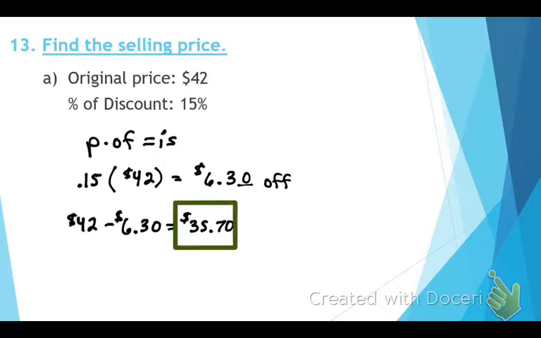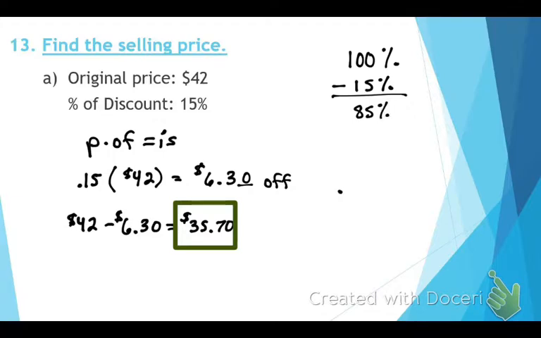But there is a faster way that I have taught you. Remember, out of this, you normally have to pay 100%. But they were so kind to us, they said, we will give you 15% off. So that means I get to subtract 15% of that price. What percentage do I actually have to pay? 85%.